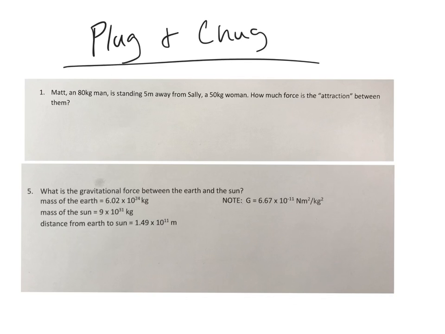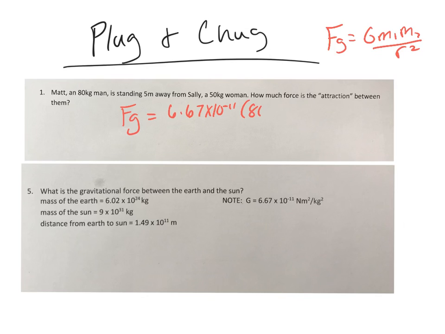The first one is the plug and chug method. The plug and chug method is essentially just governed by plugging into the formula Fg equals big G m1 m2 over r squared. So for example, on number 1, you would just do force of gravity equals 6.67 times 10 to the negative 11th times 80 times 50 divided by 5 squared.